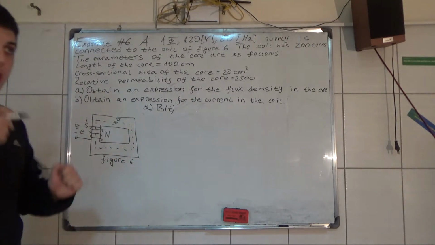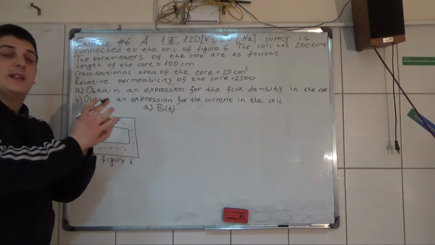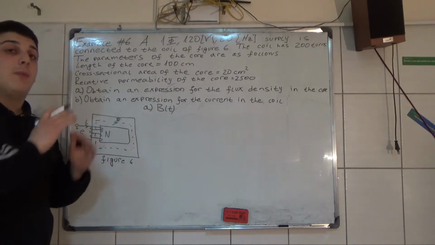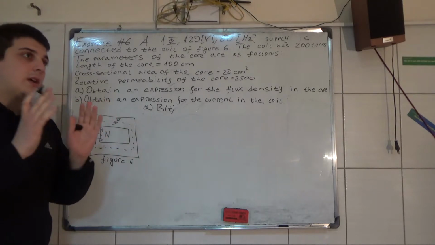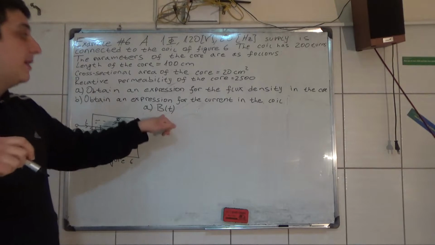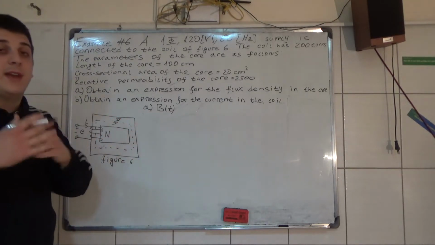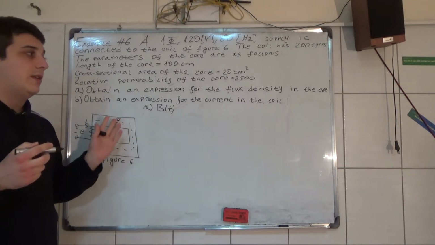So you know that the flux and the magnetic flux density are both in phase. There is no phase shifting between them. So B of t is in phase with the flux of this core.